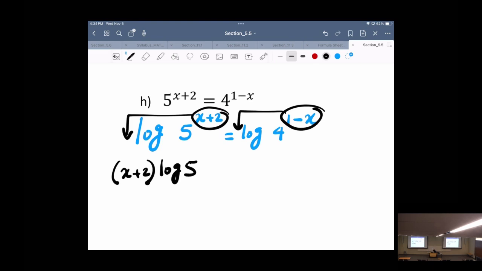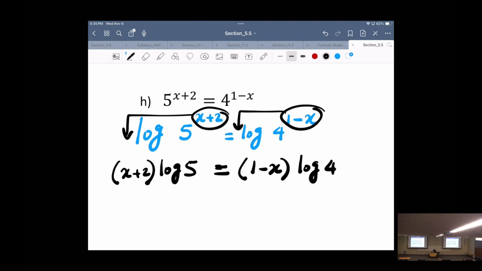The parenthesis here ensures that you will distribute log of 5 to both 2 and x, whereas if you don't use the parentheses, you will only multiply log of 5 by 2, but not by x. Okay, so that's on the left side. On the right side, once again, we put 1 minus x inside the parentheses times log of 4.